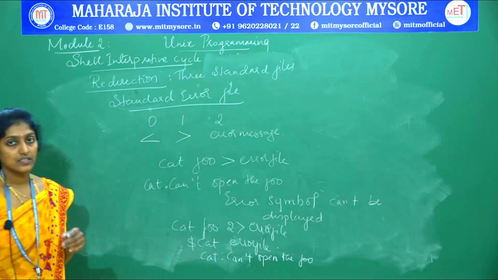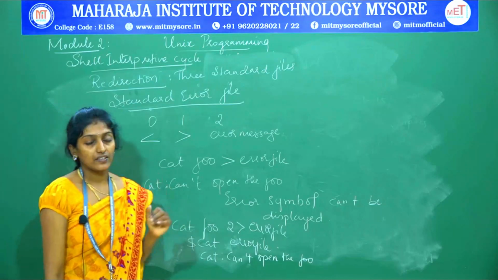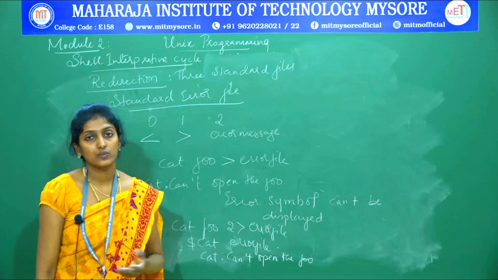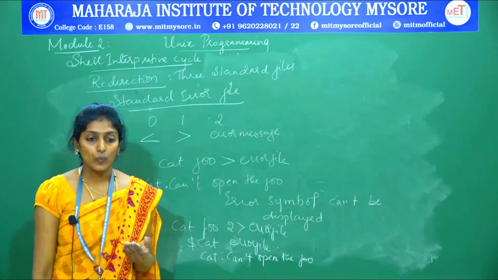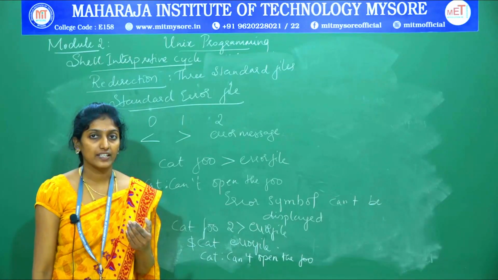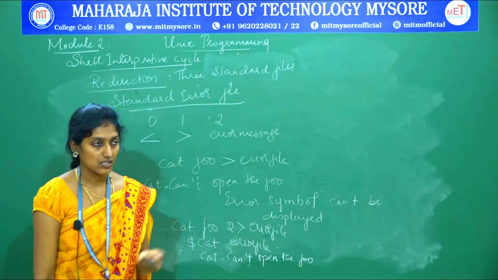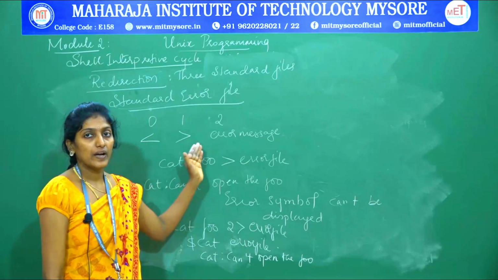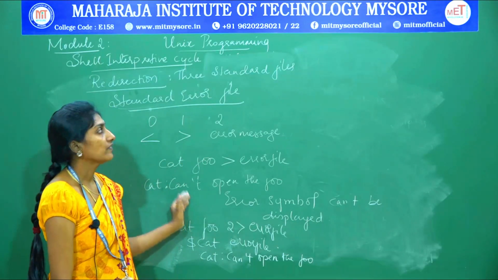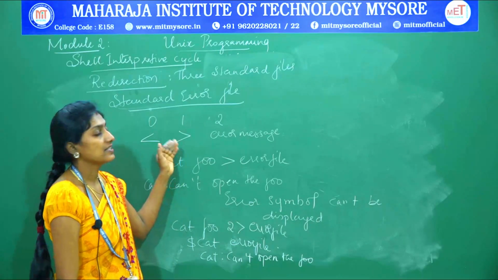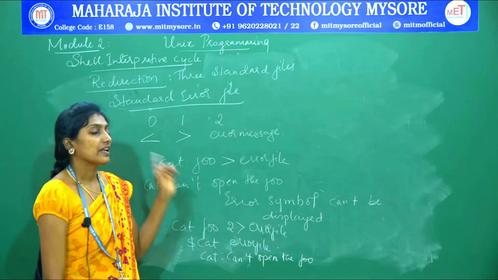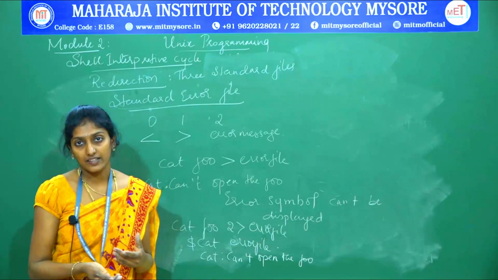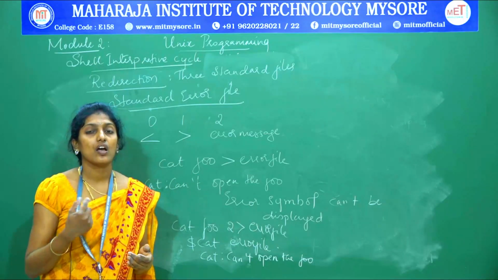Okay, so this is how the three standard files are associated within the shell. Once you log into the system and open your terminal, the stream of characters is accessed using these three categories of files: standard input file, standard output file and standard error file. Input is used for providing input, which is connected to the keyboard.